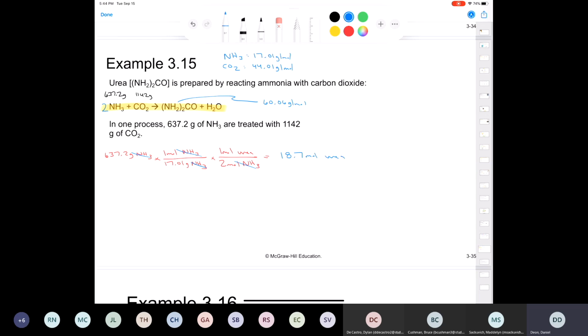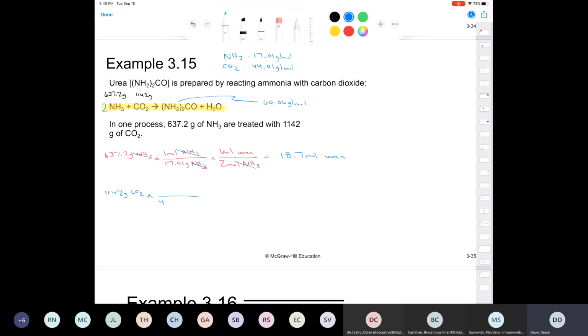Now we're going to do the exact same exercise, but for the carbon dioxide. We're going to start out with our 1,142 grams of carbon dioxide, and we're going to imagine that we have all the ammonia in the universe. We are not limited by the amount of ammonia, and we're going to figure out how many moles of urea we would end up with. So let's do just that.